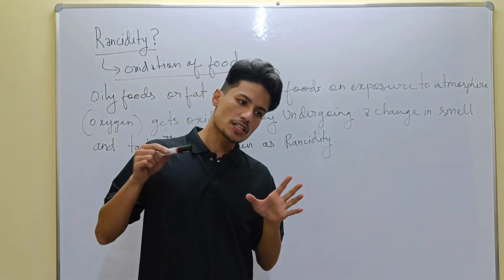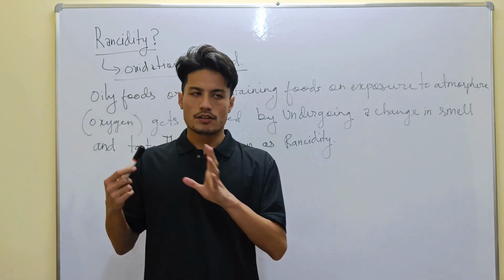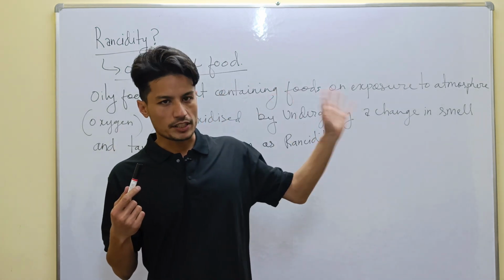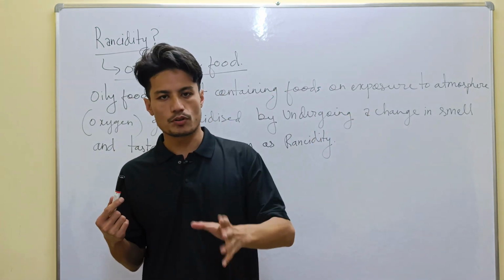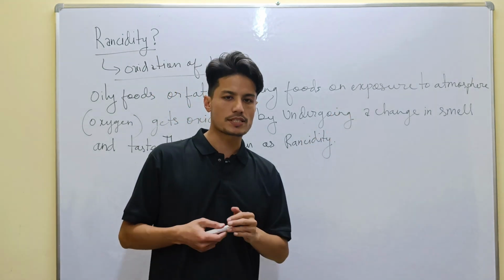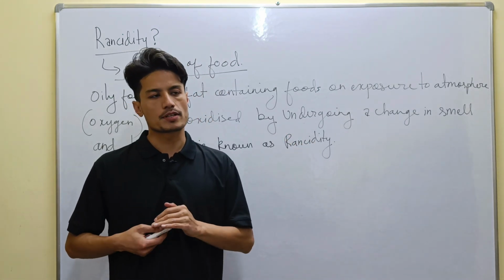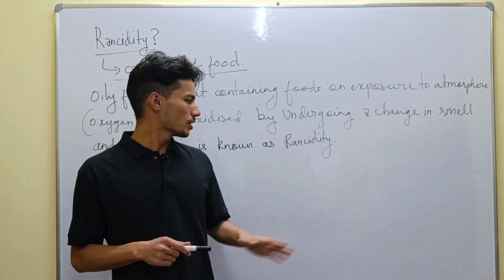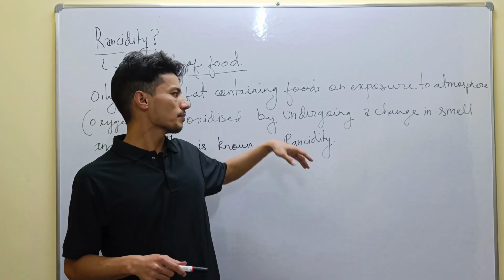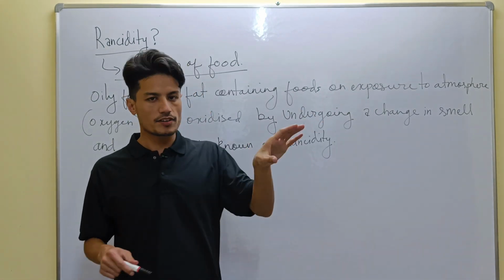It is intentionally put there because these chips are fried in oil, and from the factories to our home, it takes a lot of time. Sometimes weeks and even months. And then the shopkeeper has to keep it in the shop for a long period of time. So in order to prevent the chips from getting oxidized, they are flushed with nitrogen.